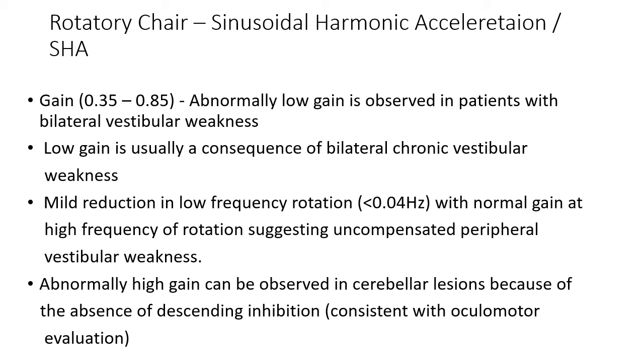And if the gain is abnormally low only at low frequency rotation, but normal at high frequency, it suggests an uncompensated peripheral vestibular weakness. While when the gain is abnormally high, it suggests cerebral lesions because of the absence of descending inhibition, and this is much consistent with the oculomotor evaluation results.